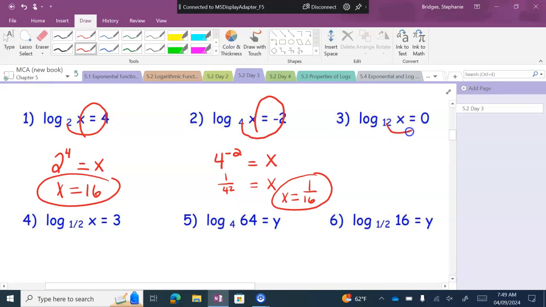For number 3, 12 to the 0 power equals x. What is anything to the 0 power? 1. Okay.